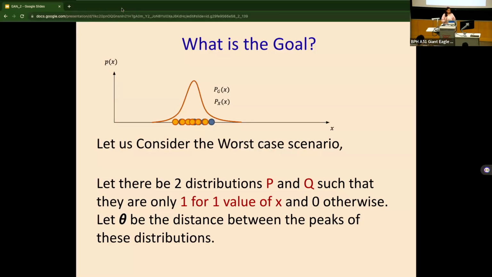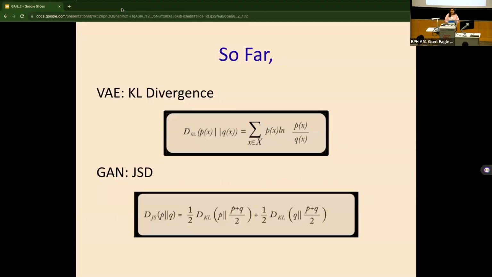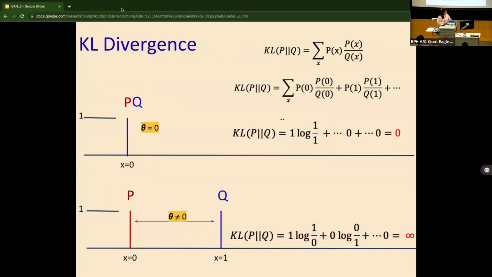Now let theta be the distance between the peaks of these distributions. And so far, what we have talked about is KL divergence, which we use in our autoencoders, and JSD, which we sort of improved from KL divergence and started using in GANs, right? So this basically visualizes the worst case scenario I was talking about.